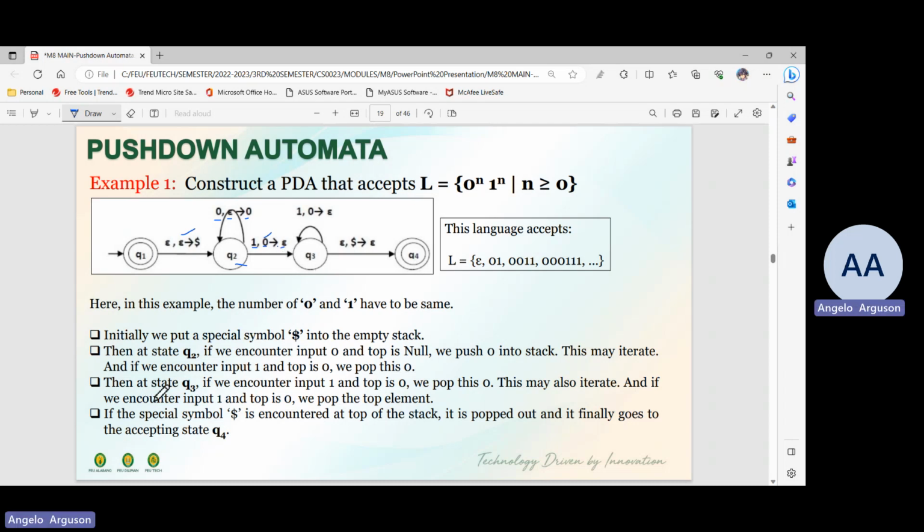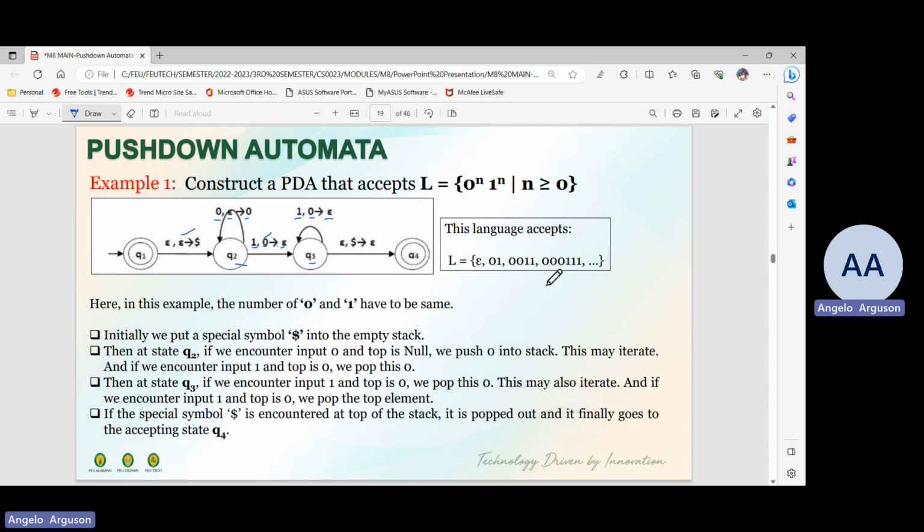Then at state Q3, if we encounter an input 1, and the top is a 0, we pop this 0 from our stack. There's nothing to be pushed since it's an epsilon. This may also iterate, we'll repeat. It will be a 1 and a 1 and a 1 and a 1 simply because it was written here.